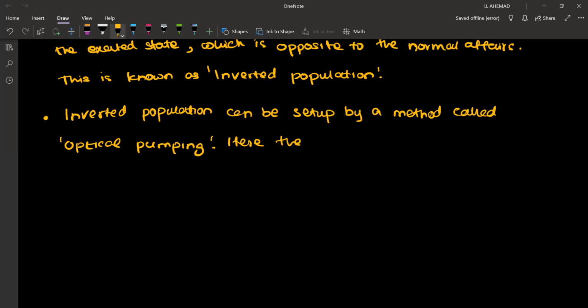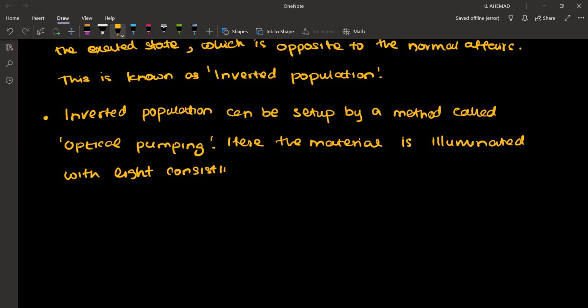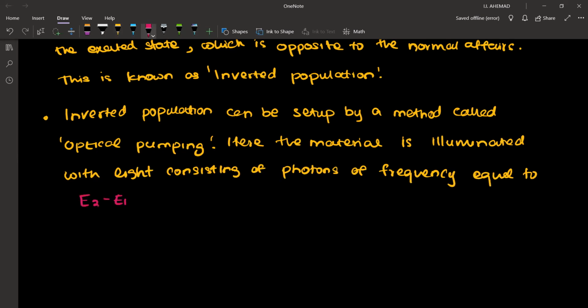Here the material is illuminated with light consisting of photons of frequency f, equal to (E2 minus E1) over h.